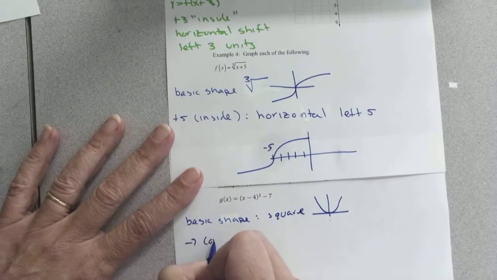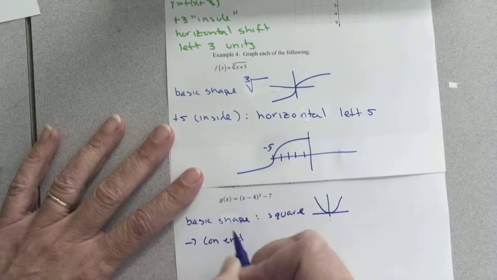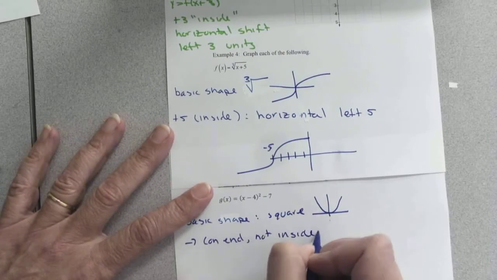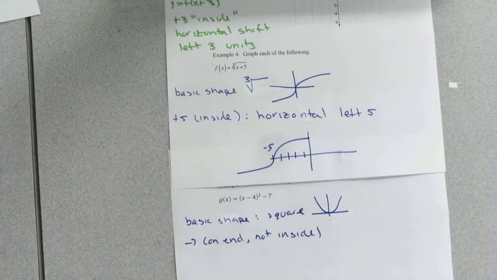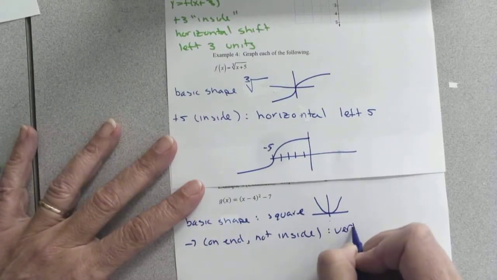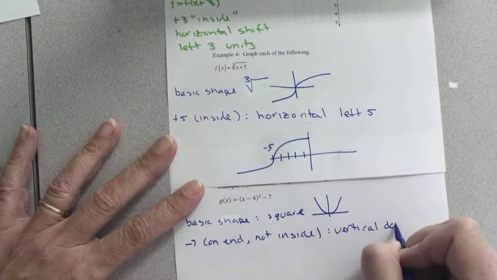The -7 on the end. Or better yet, not inside. Sometimes they will try to trick you by putting that number up front. What's really important here, it's not on the inside. That's going to be vertical, and in this case, down 7.